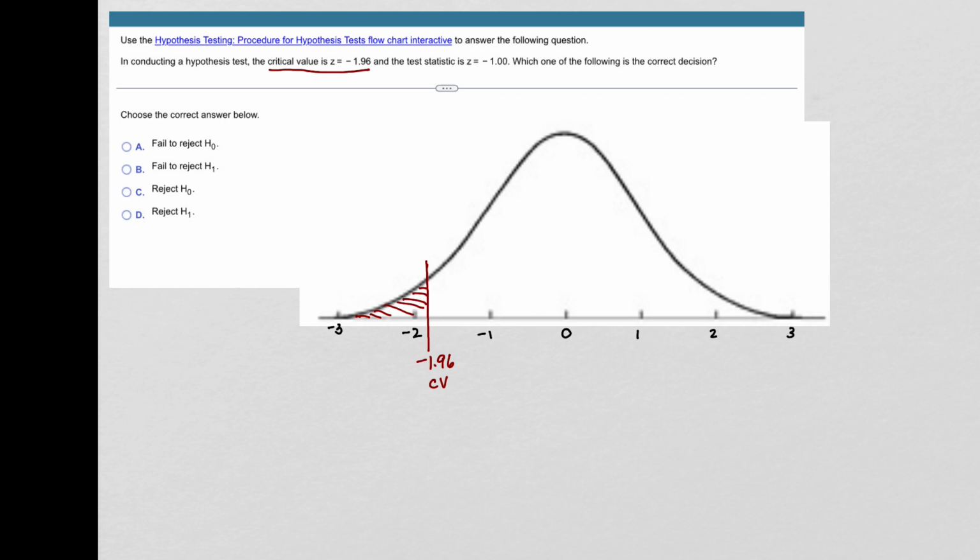So if we have our test statistic fall in this area on the left, then we would reject the null hypothesis. So this is called the rejection region.